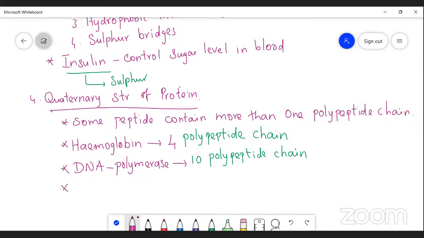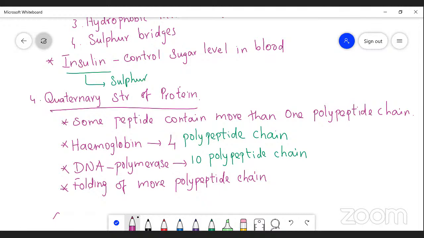So the quaternary structure represents folding of more than one polypeptide chain.